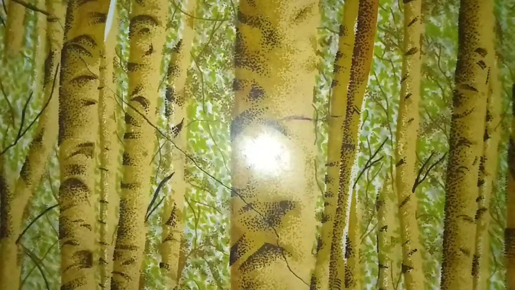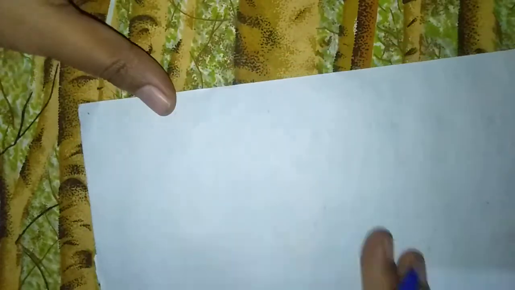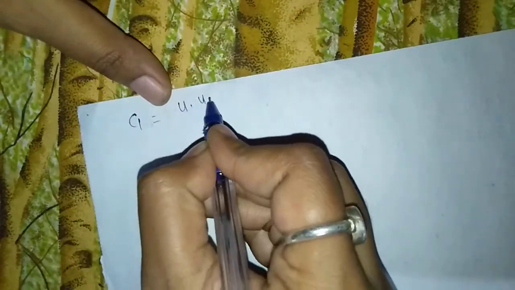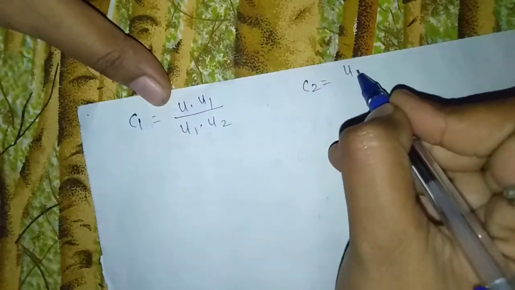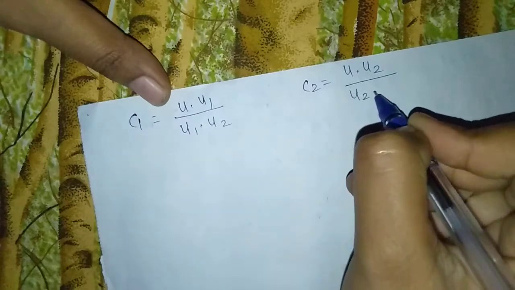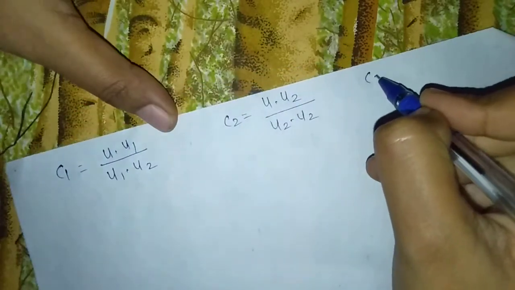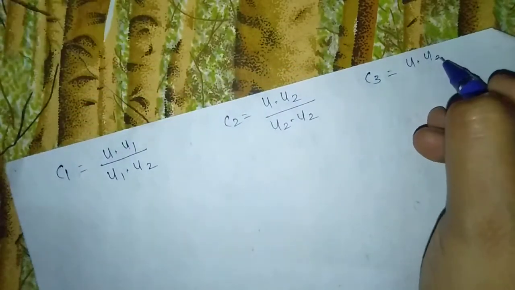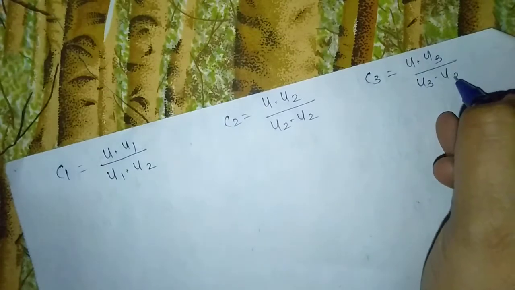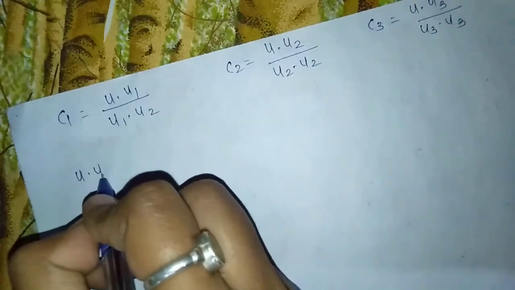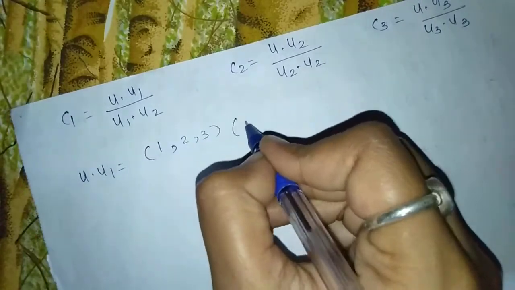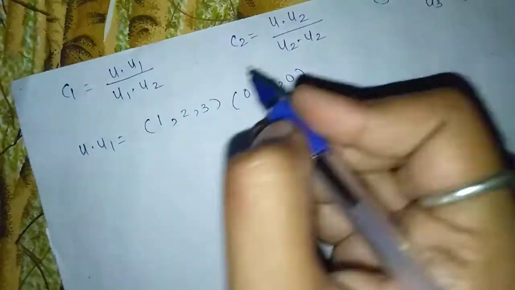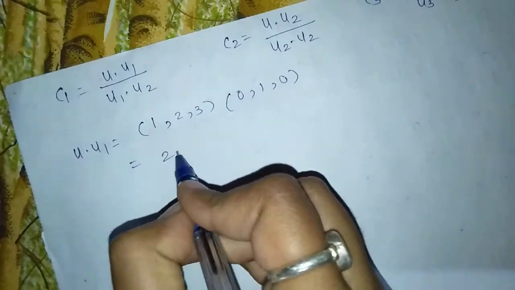We know the constant values are found by the formula: c1 is equal to u dot u1 upon u1 dot u1, c2 is equal to u dot u2 upon u2 dot u2, c3 is equal to u dot u3 upon u3 dot u3. First find u dot u1. u is (1, 2, 3) and u1 is (0, 1, 0), which gives 2.